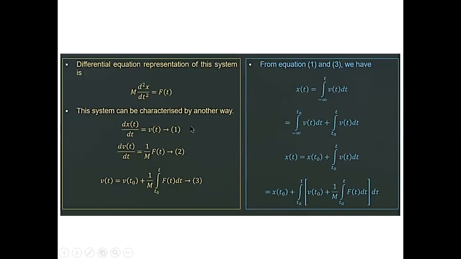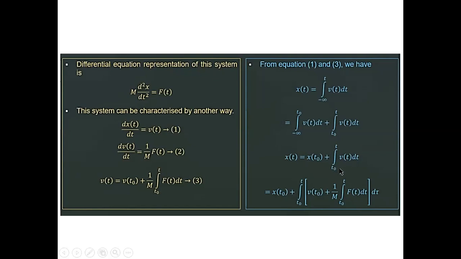Now from equation number 1, let's do the simplification. Let's integrate it from minus infinity to t, and again split it at the known time instant t0. From minus infinity to t0, it results in the integration of v of t as displacement x of t0, and it will be as it is.